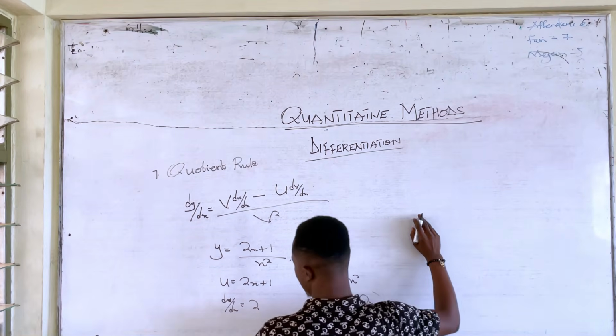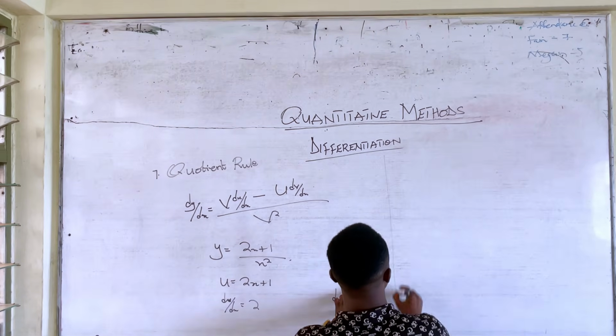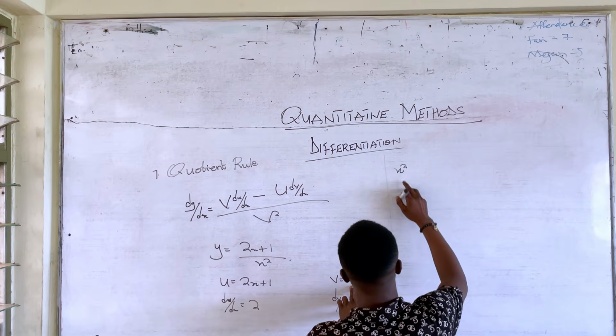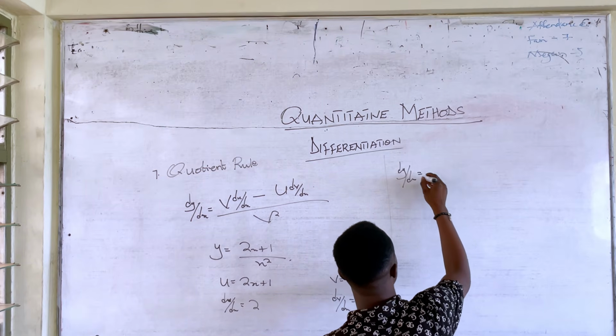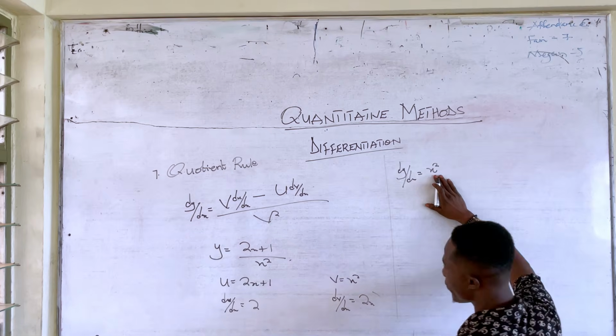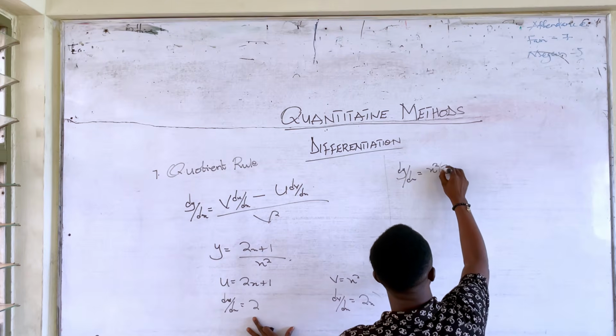So we start with v, that is x squared, as our v. Then multiply with du/dx, which is 2.